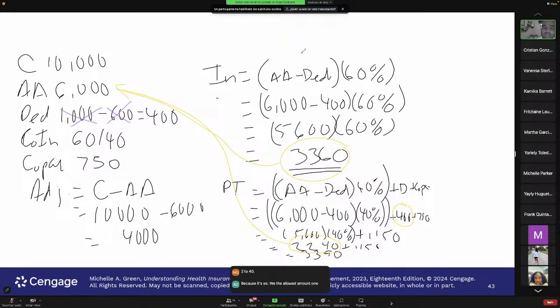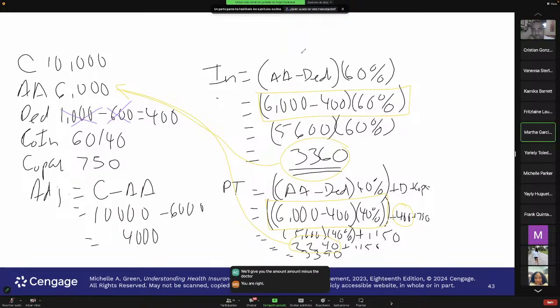One part is going to be paid by the patient. The other part is going to be paid by the insurance. So this is going to be paid by the insurance, and this is going to be paid by the patient, right? So yeah, you're right. What we need is those two numbers. So 3,360 plus 2,240 will give you the allowed amount minus the deductible.